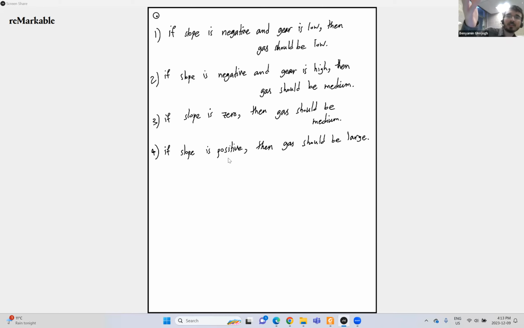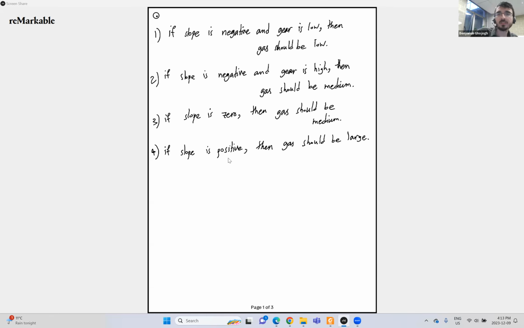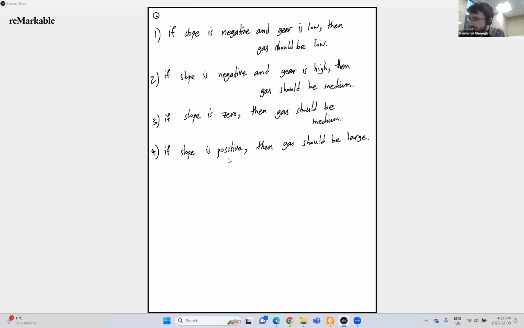The gear can have low and high, right? Yes, low and high. So we need to consider 2 membership functions for gear, low and high. For gas, we need 3 membership functions, low, medium, and large, right? Okay.